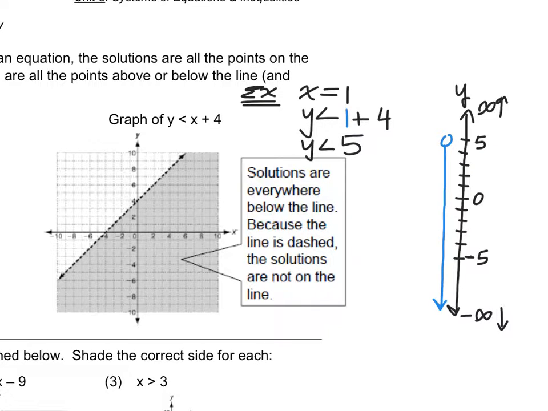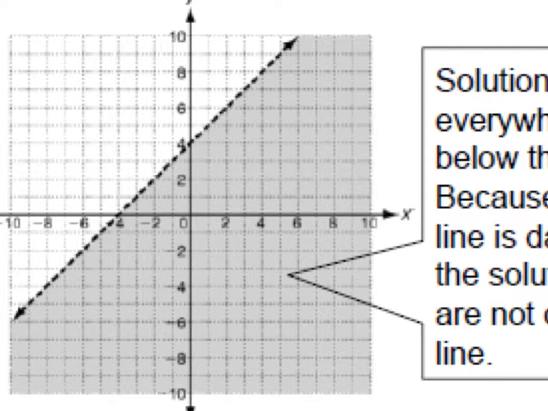That would be everything less than 5. All right? But that's specifically only for the x value of 1. So what that's telling me is that x equals 1, I'd have an open circle at 5. So that's all of this.